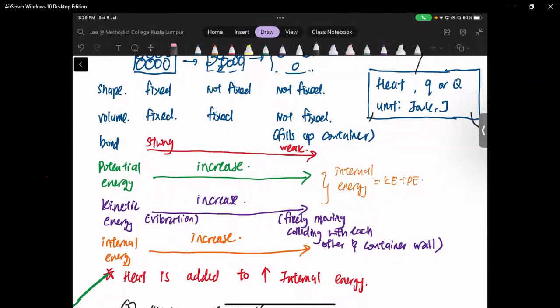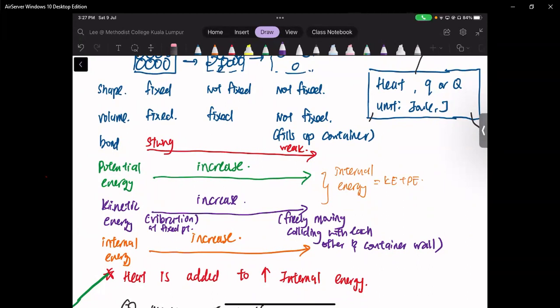That's why the potential energy increased, and the kinetic energy also increased because you went from vibrating at a fixed position, at fixed point, to moving freely in gas, colliding with each other and the container wall.